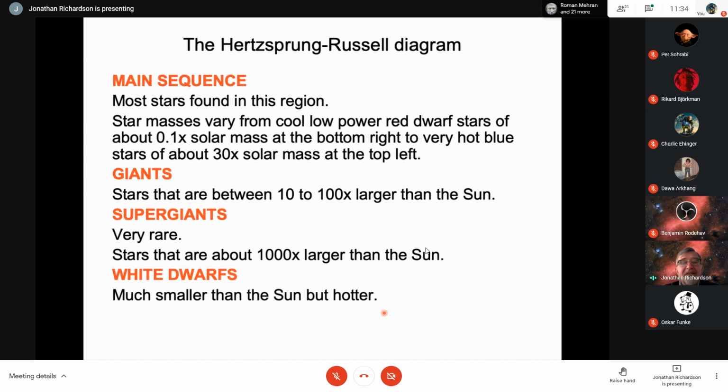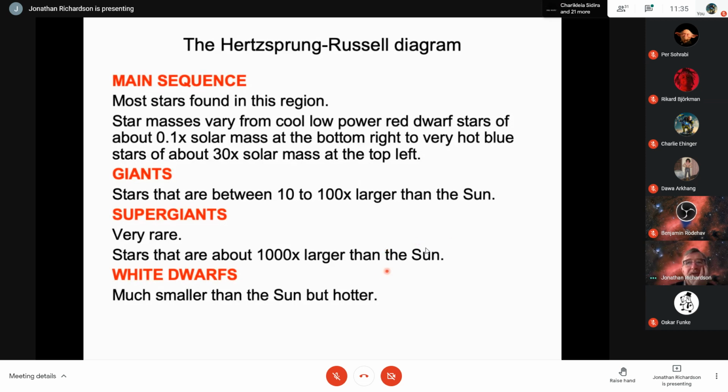So relative to the rest of the graph, we don't find very many supergiants because these stars are about 1,000 times the mass of the sun. So they are about 1,000 solar masses, which is pretty large. The last part on there is the white dwarfs. So these now are the much smaller stars, but burning much hotter than the sun.